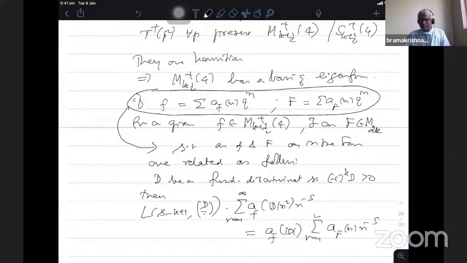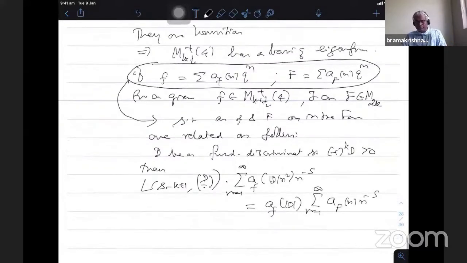So it is exactly Shimura's decomposition. Instead of a_f(t n^2), you have to consider this, because in this case only the coefficients with (-1)^k D positive and (-1)^k n equal to 0 or 1 mod 4 survive.